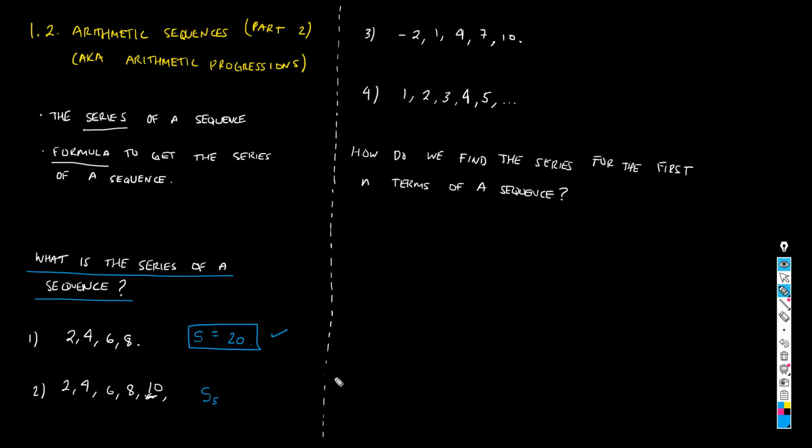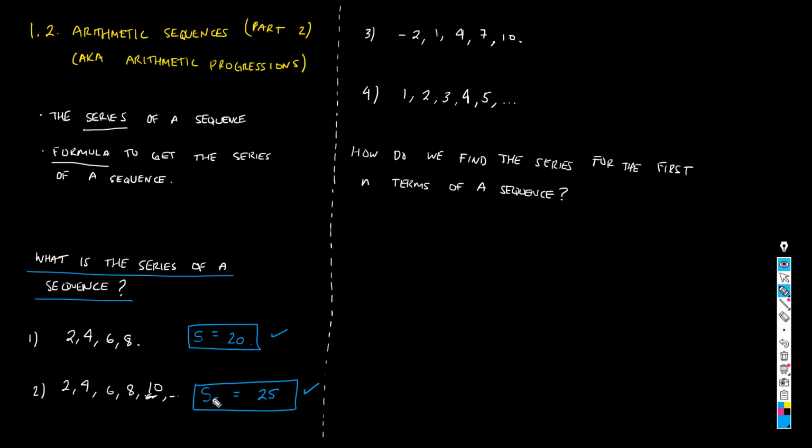Since I want to just add the first 5 terms of this infinite sequence, I'm going to write S5, or S sub 5. And what this means is the series for the first 5 terms of this infinite sequence. And since we already got the first 4, where the series is 20, then for the first 5, we're going to get 25.